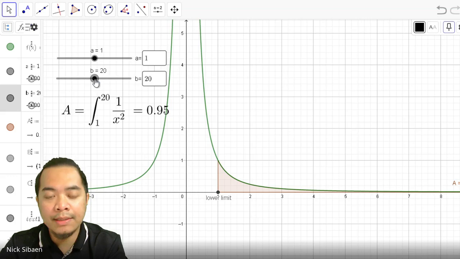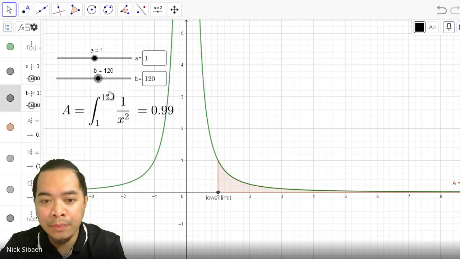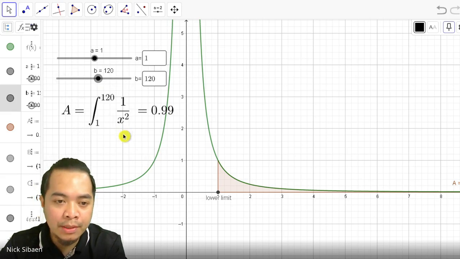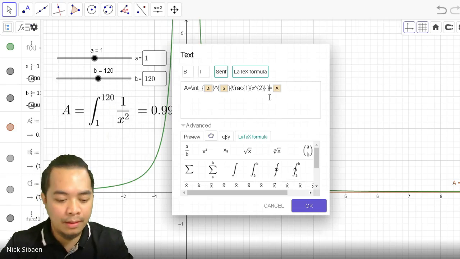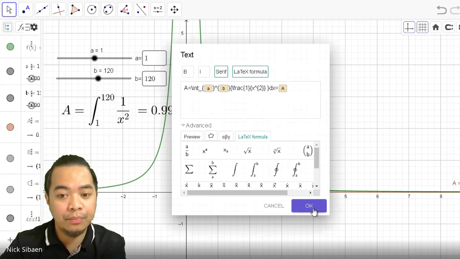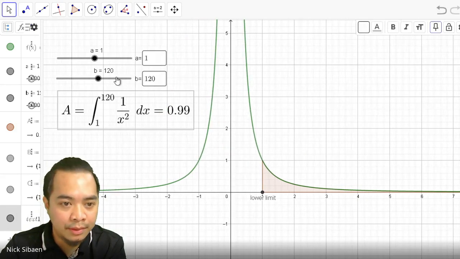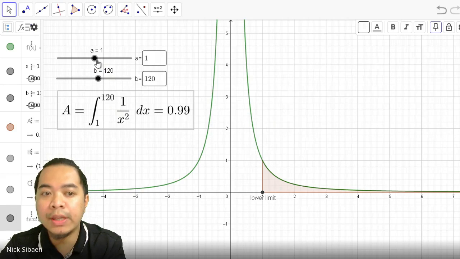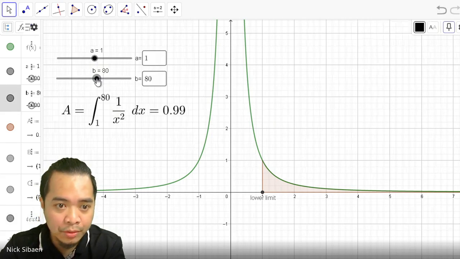So, as I was saying a while back, hindi lahat ng cases kapag i-approach niya yung infinity agad-agad yung kaniyang area or kaniyang sagot. So, ito yung function natin ngayon. This is another example. The function is 1 over x squared dx. And we see here that the lower limit, i-fix muna natin sa 1 so that it's the upper limit that will approach positive infinity. So let's observe, no?